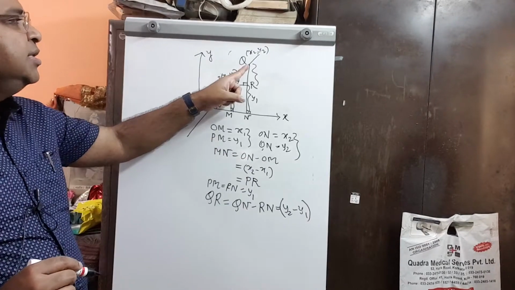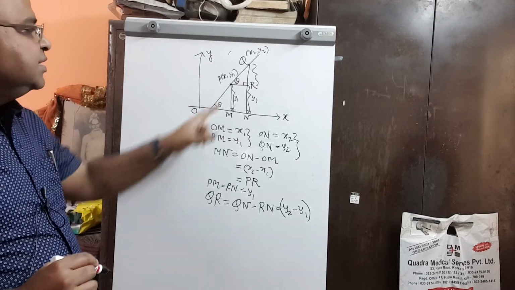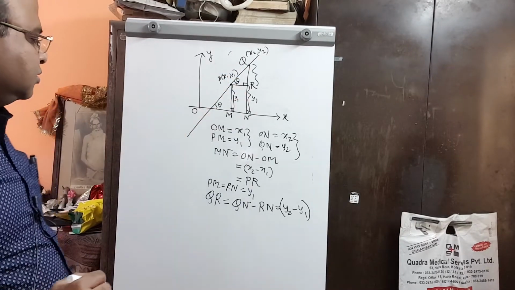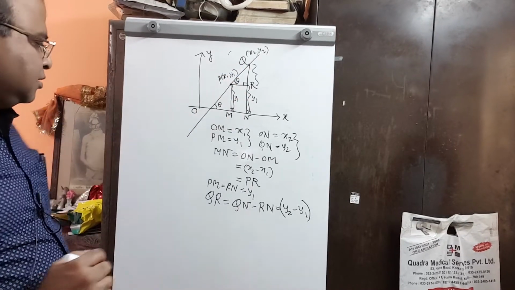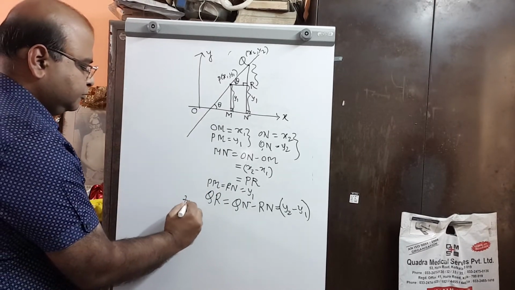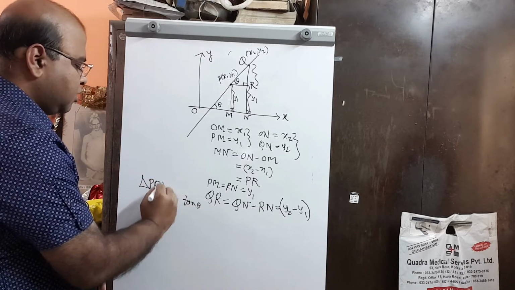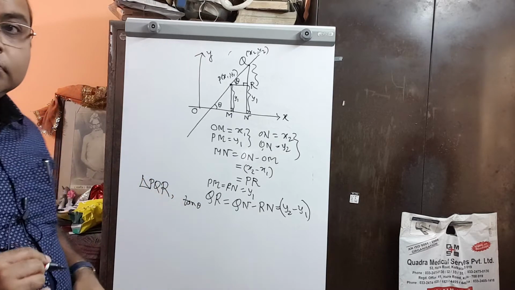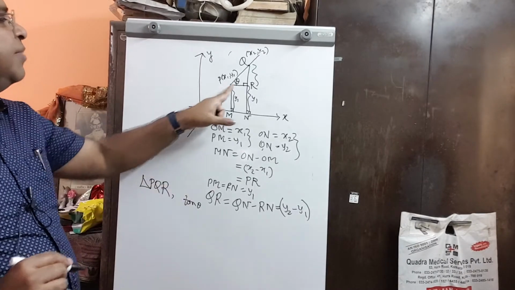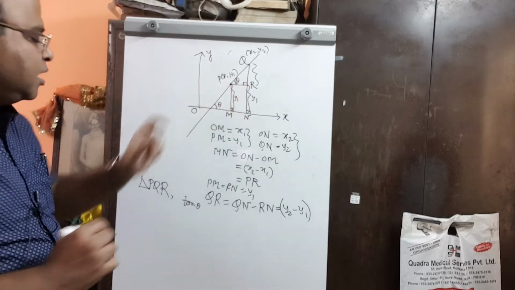Now if I consider this right angle triangle PQR, let us concentrate on the value of tan theta in right angle triangle PQR. So tan theta is given by perpendicular upon base, which is QR upon PR.